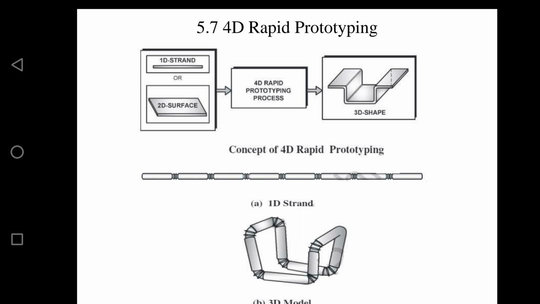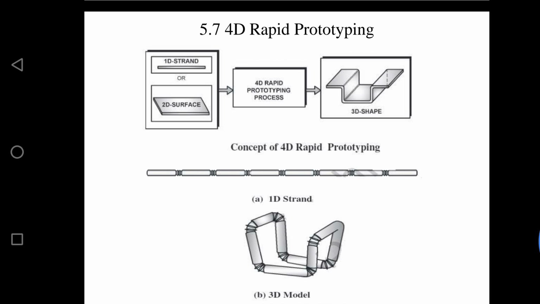Okay, so you can see here in the second picture, we have a 1D strand. This 1D strand is made up of multi-material feature material. The material distribution is made in such a way that when this 1D strand comes in contact with the water, it starts the self-assembly process as shown in the downward picture.